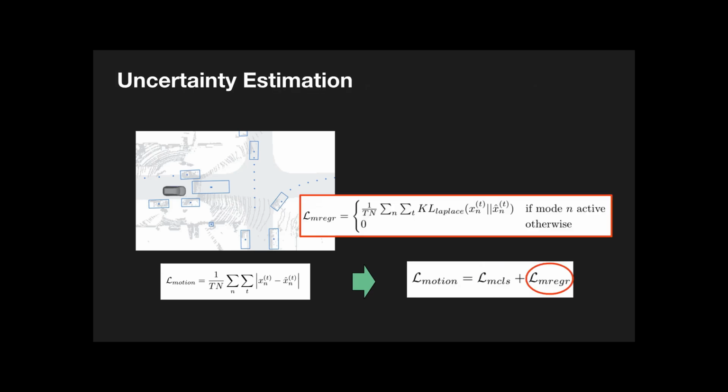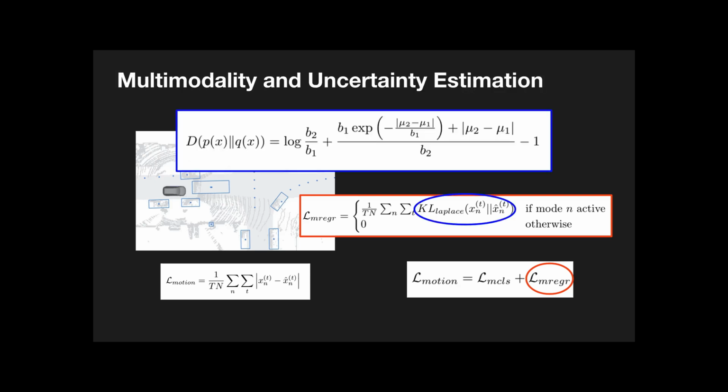The regression loss for estimating the future waypoints is also changed. In this case, we want to estimate the uncertainties. In order to do this, MultiXNet minimizes the KL divergence of the motion predictions and the labels. The distribution uses a Laplacian that makes the KL divergence loss a little bit more complex.